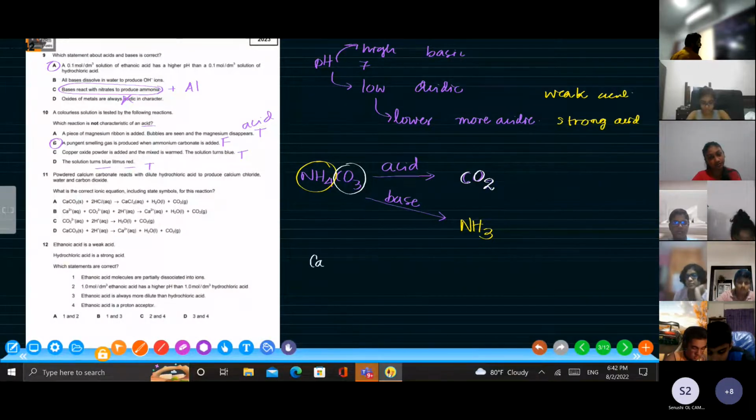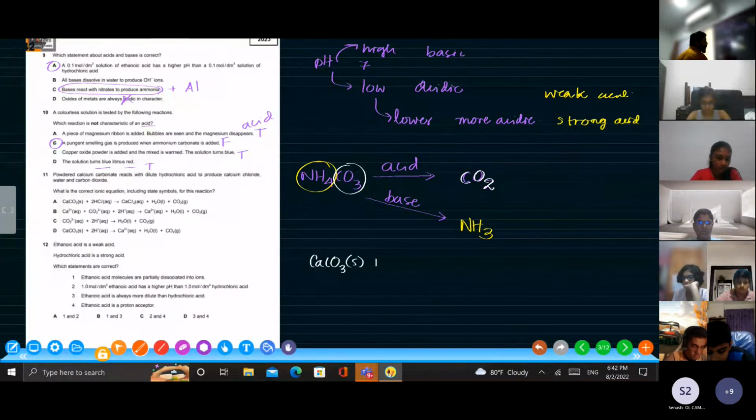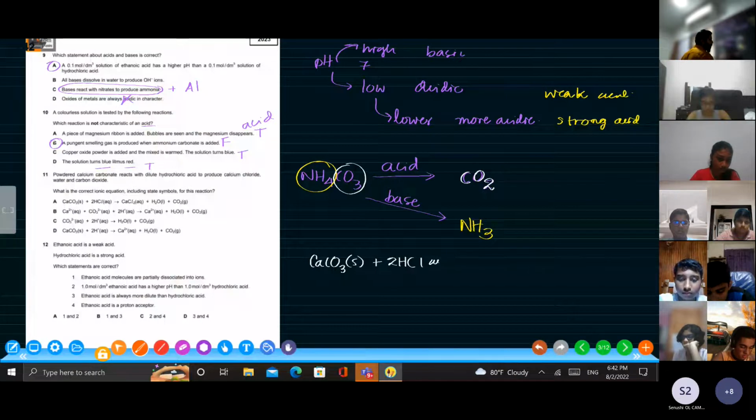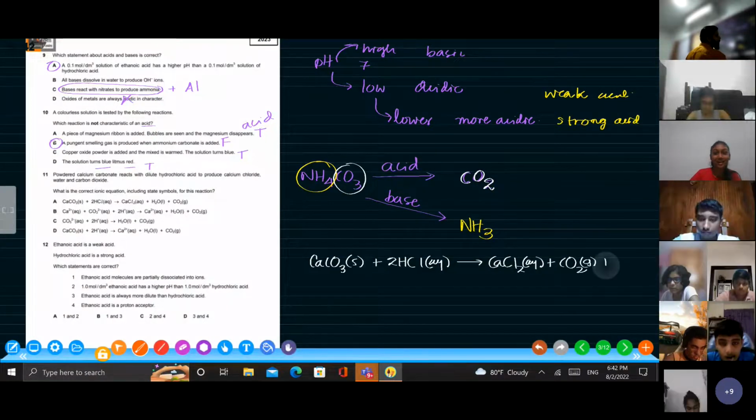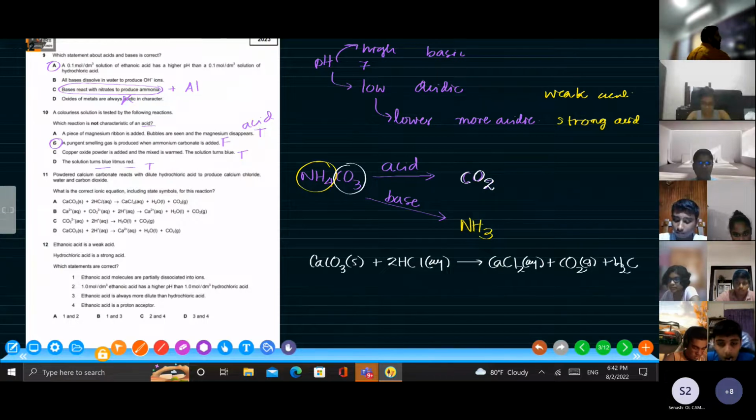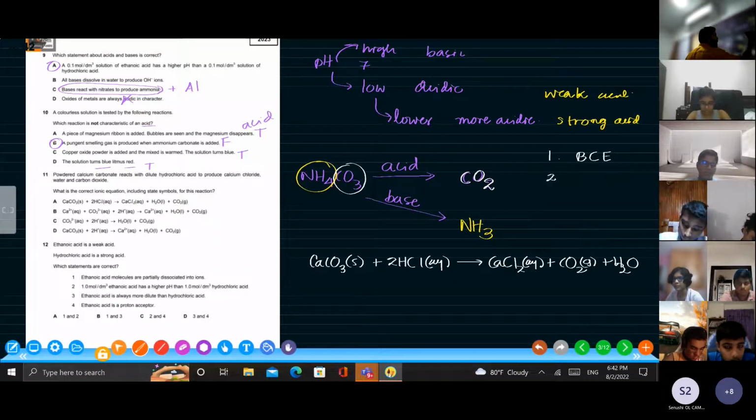First, you write the balanced chemical equation. When you write the ionic equation, step 1 is the balanced chemical equation, BCE.